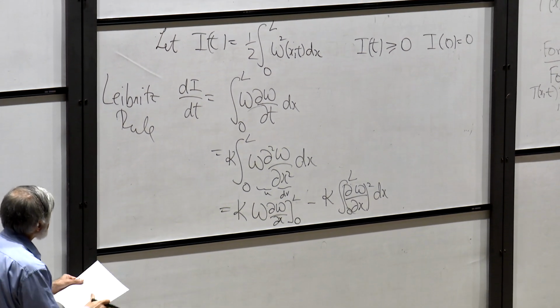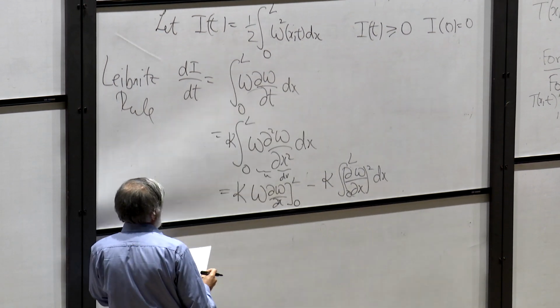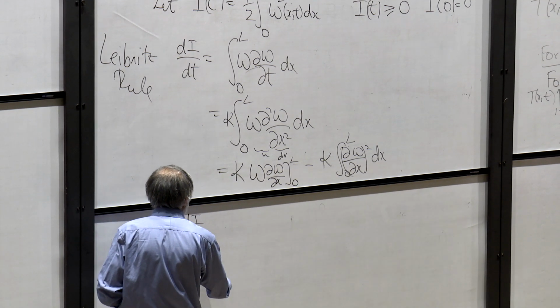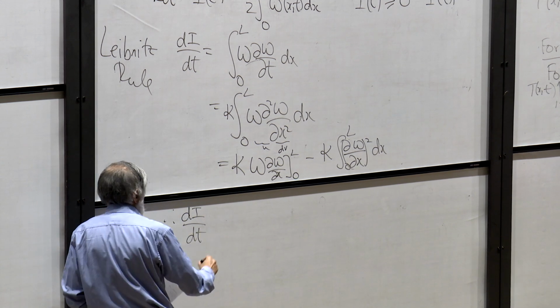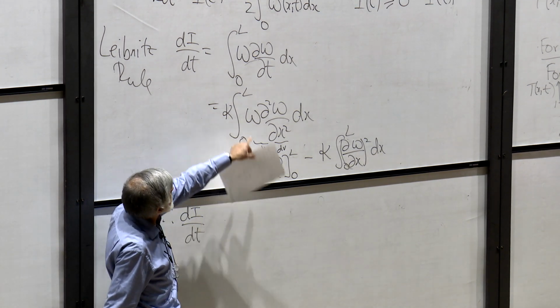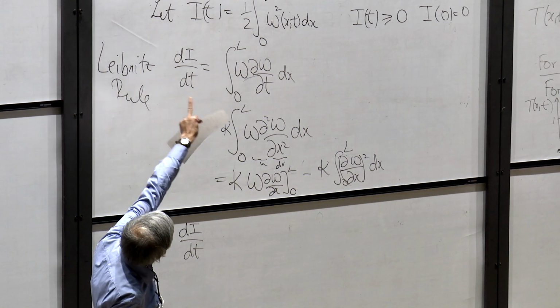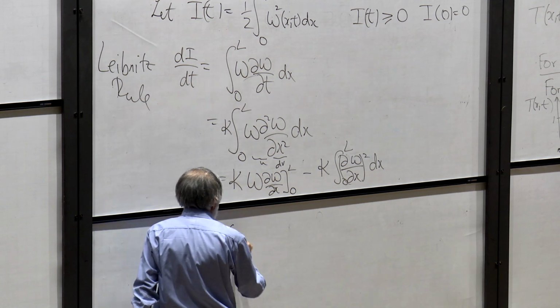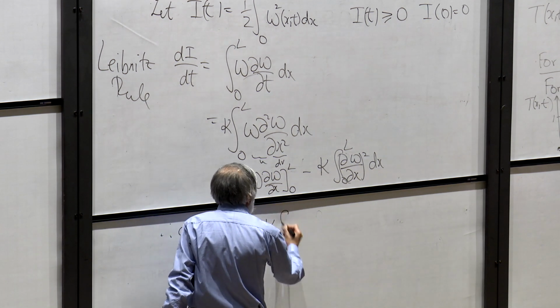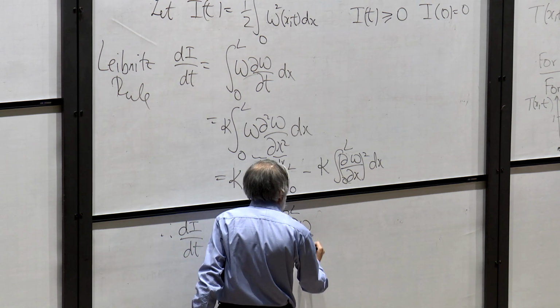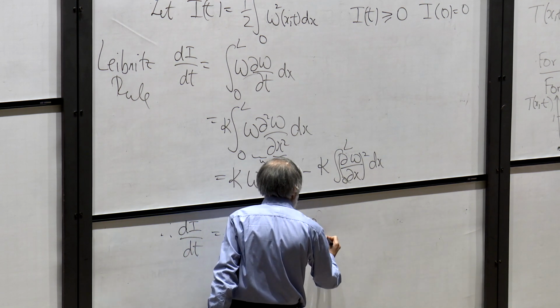Okay? Therefore, dI/dt is, well, this is 0, because w is 0 on the boundary. So that's 0 minus kappa integral from 0 to L dx.